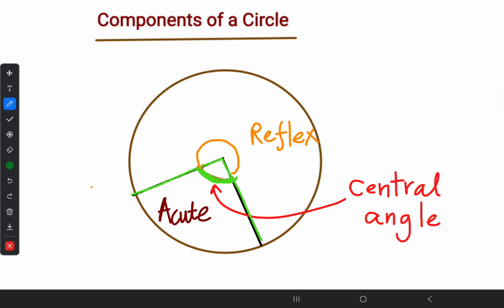The angle it includes is the central angle. If the central angle belongs to the minor sector, that would be an acute angle. If the central angle belongs to the major sector, that would be a reflex angle.